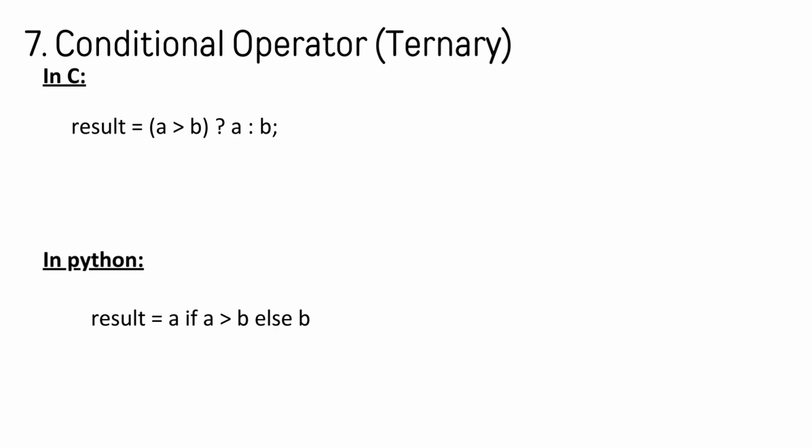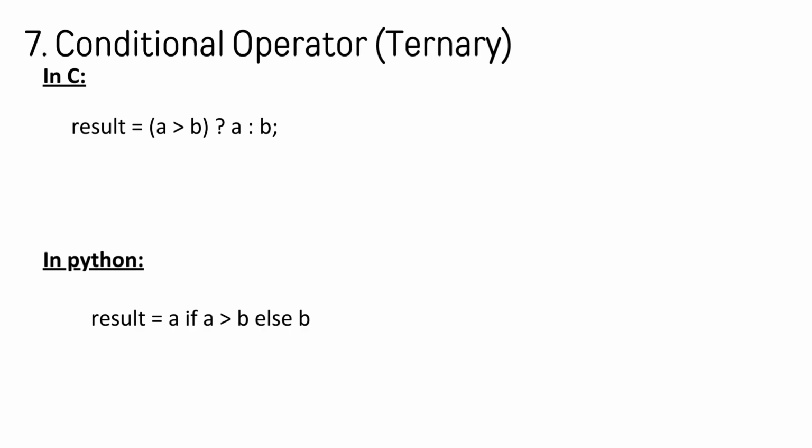Now consider the conditional operator. The conditional operator actually gives you two results. If the condition is true, it will give you the true result, and if the condition is false, it will give you the false result. In C, this is how you write the conditional or ternary operator. Here the result is equal to, within the first bracket, you have to write the condition first.